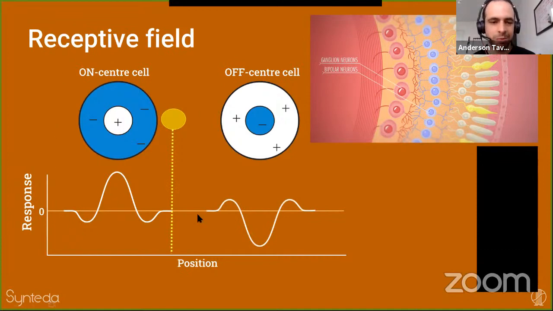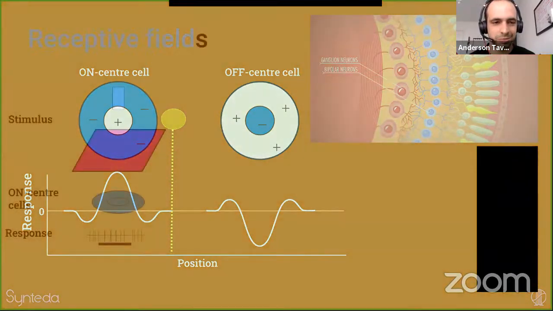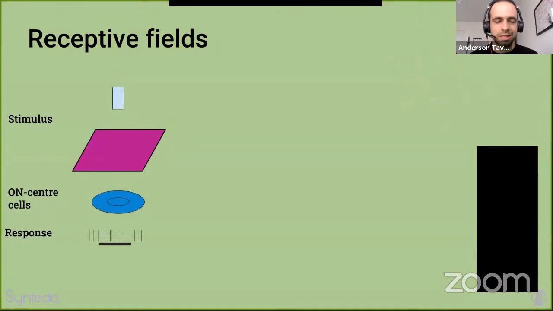And this will help us to understand what the photoreceptors and the ganglion cells actually send to the brain. Let's see. Even if we don't send light to the cell, there is activity.